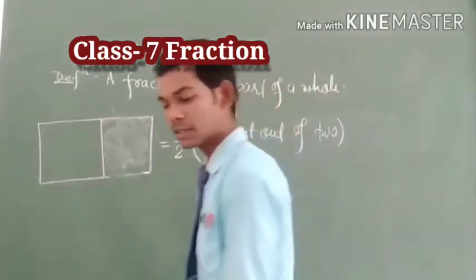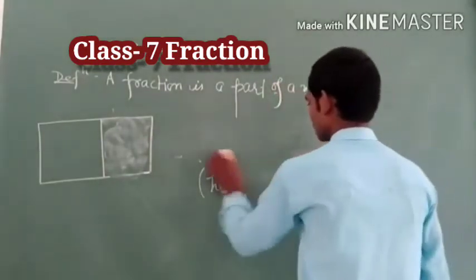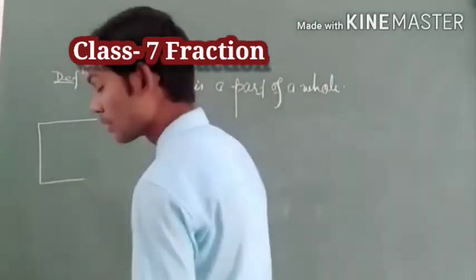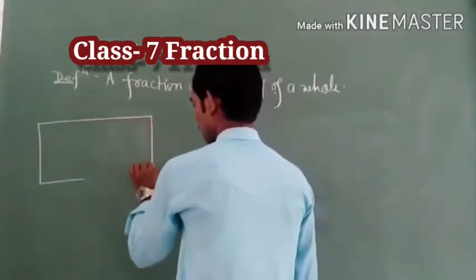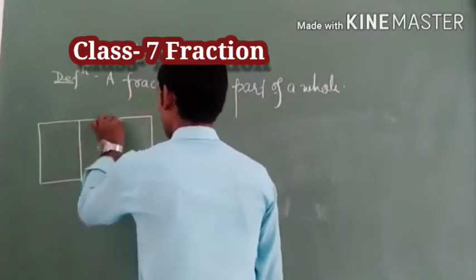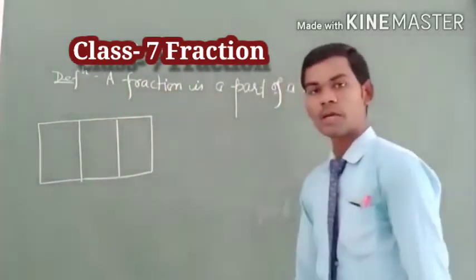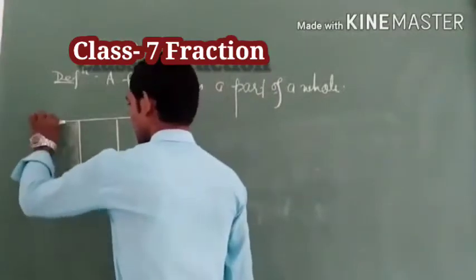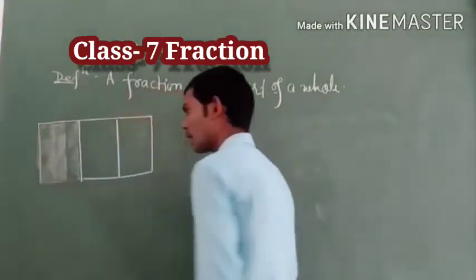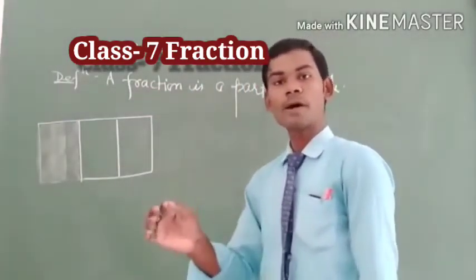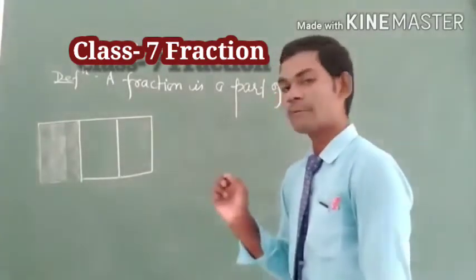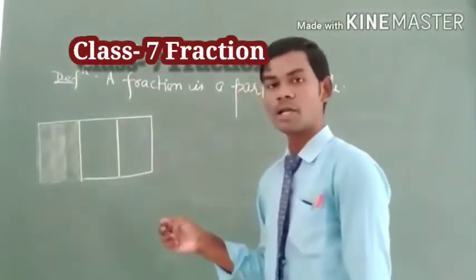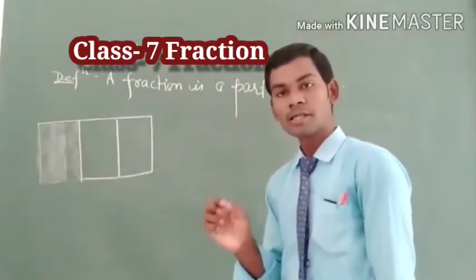In the next, if we divide the rectangle into three equal parts, and if we shade one part, then here we can see that one part out of three has been shaded. Listen to me carefully.